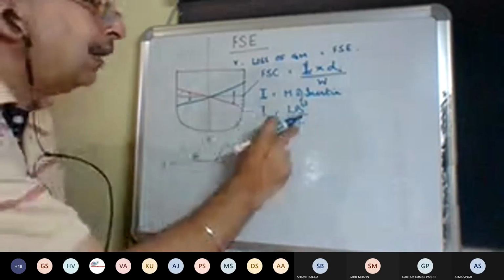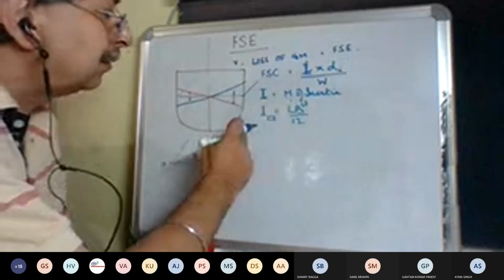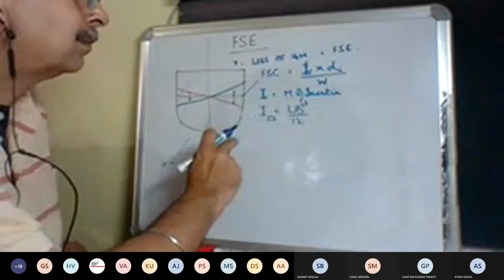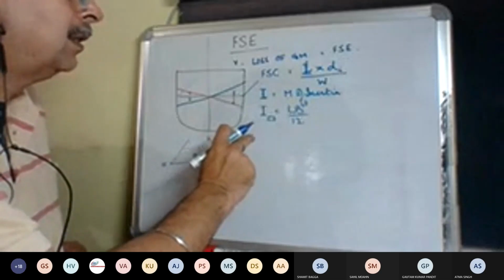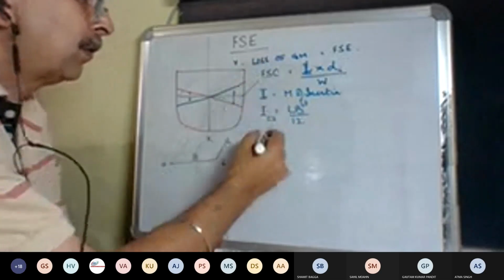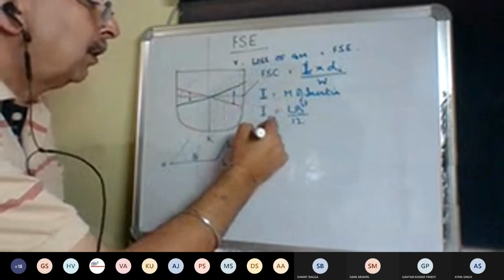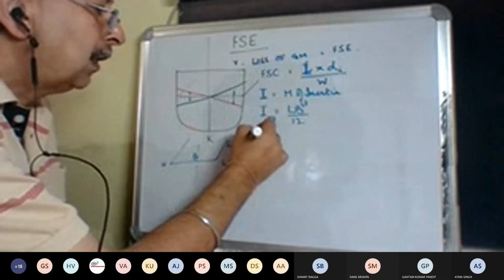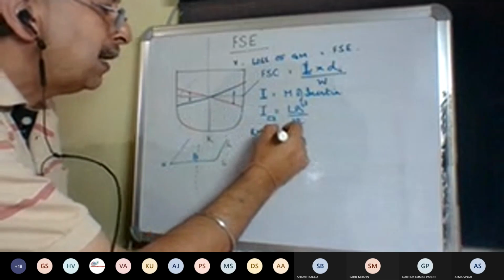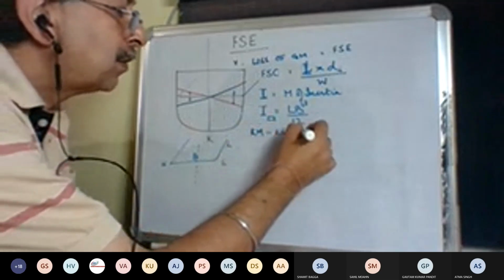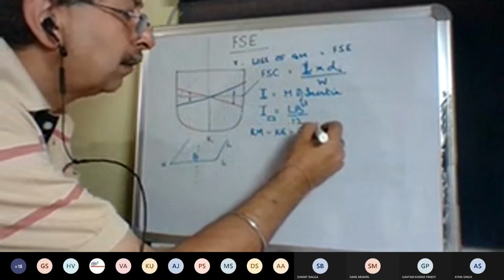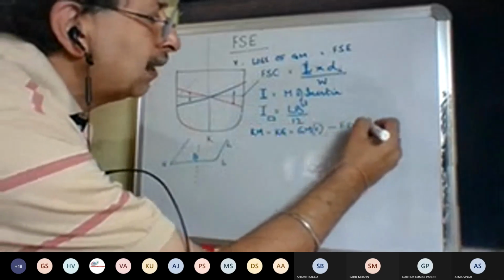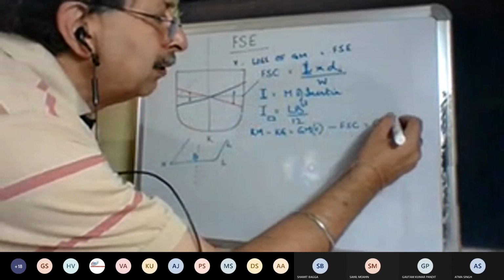So that is LB cube by 12, where L is the length of the tank and B is the breadth of the tank, and this gives us the free surface correction. And what is the rule of this? KM minus KG gives me what is called GM solid, and GM solid minus FSC will give me GM fluid.